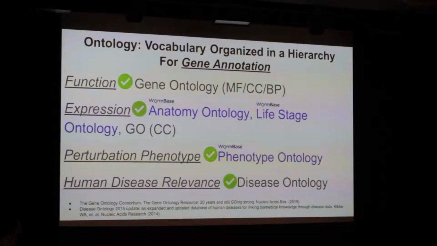These ontologies we develop in-house, and we also use Gene Ontology for subcellular localization. For phenotype, we have the phenotype ontology, again somewhat nematode specific. And for human disease relevance for any given gene, we use the human disease ontology for the annotations.